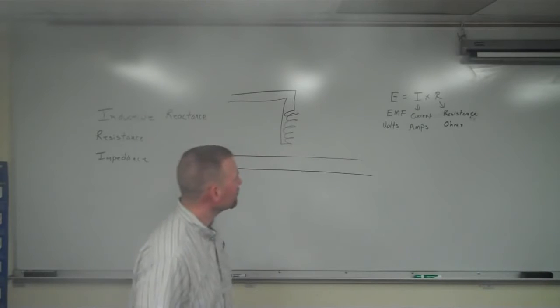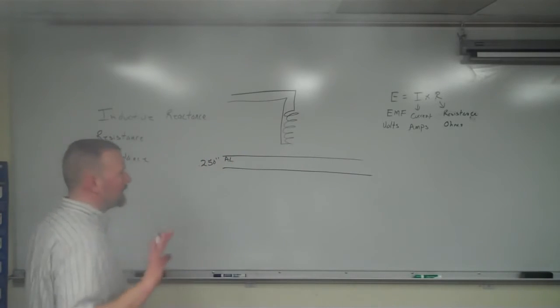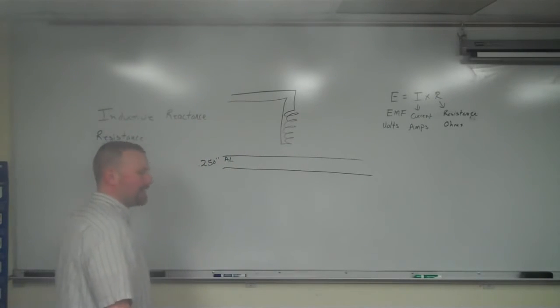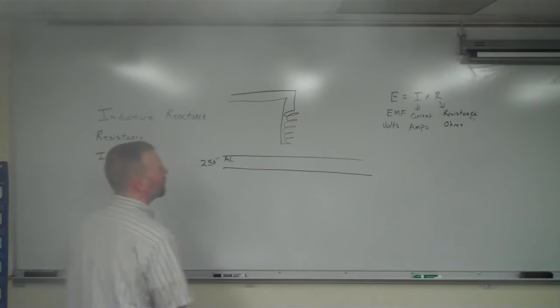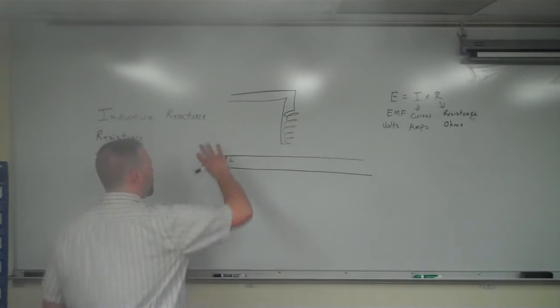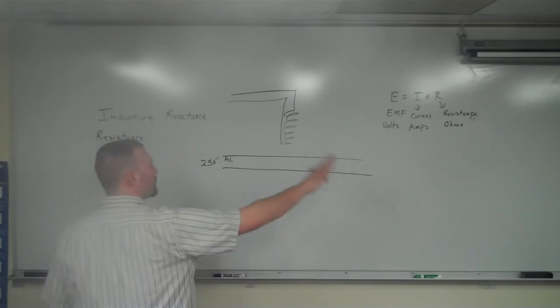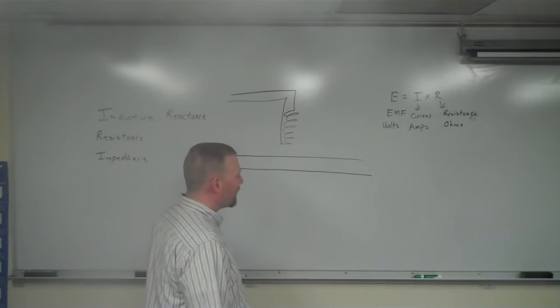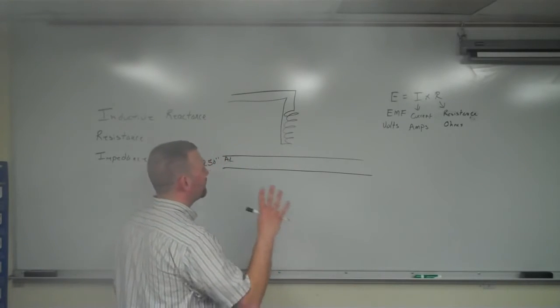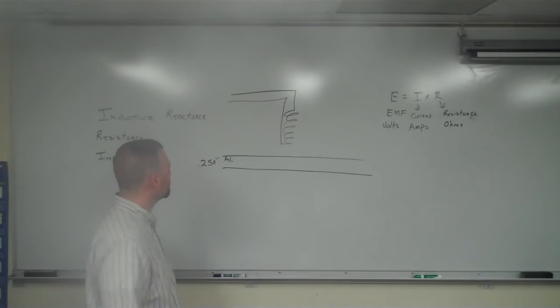So quite simply, E is electromotive force, that's going to push. Current is amps, the electrons that are actually going to move. And then resistance in ohms. So we've got current flow in here, with voltage pushing current. Because this is a piece of copper wire or something like that, it's going to have resistance just because it's copper.